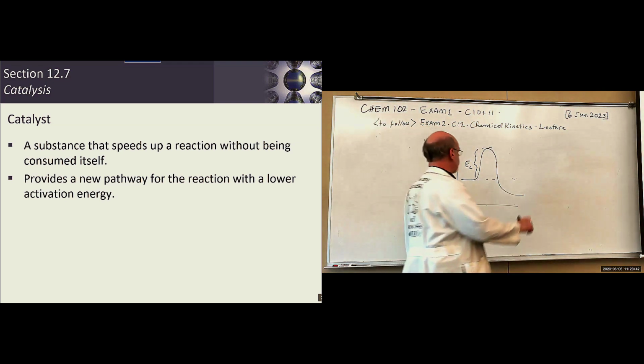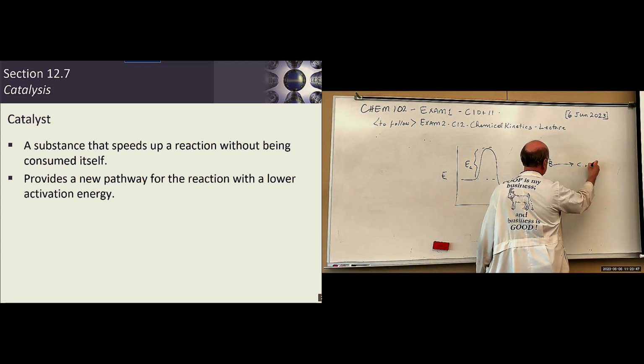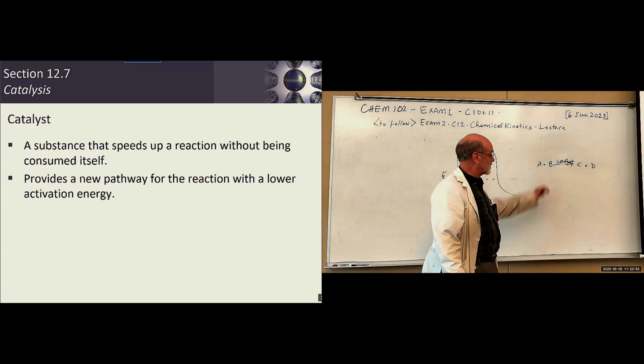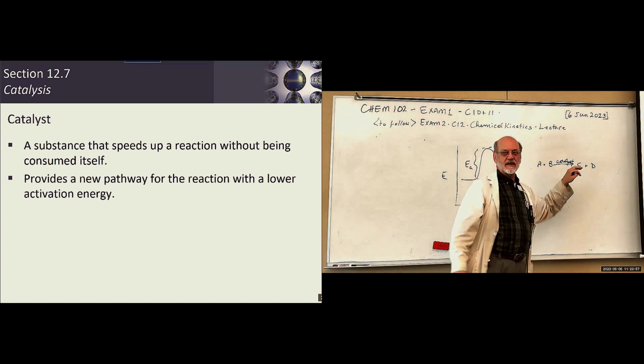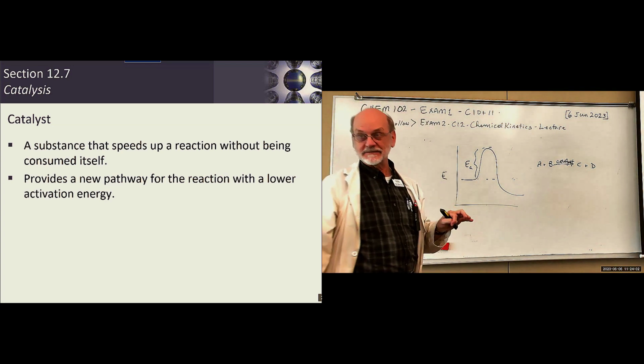So that's why when we write reactions, we usually put the catalyst here. Right? Because that's where it's active. It's active on that arrow. It's not active here, it's not active there. It's active in the mechanism, in the elementary steps. Okay.